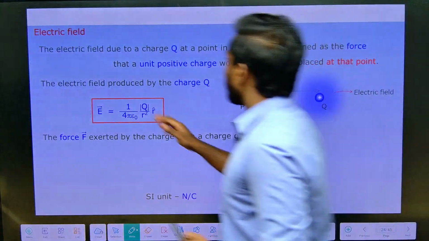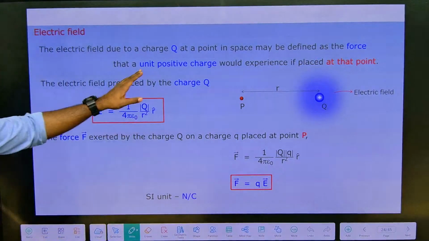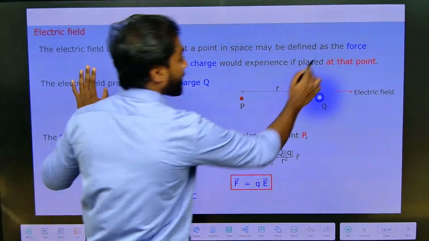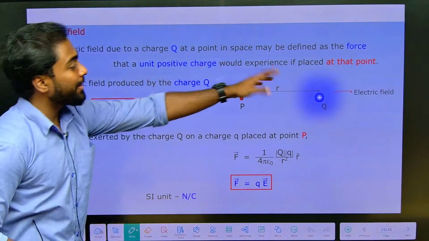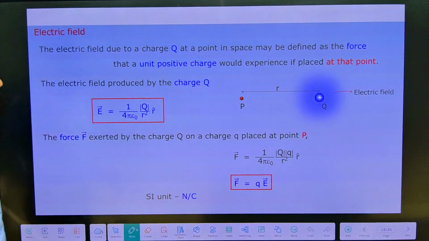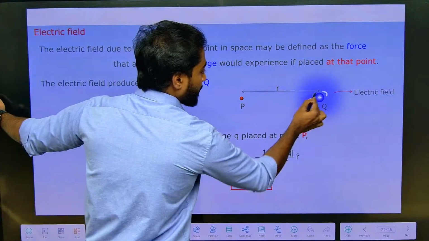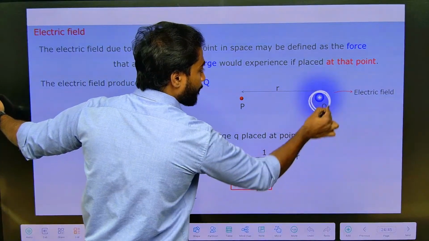Now you can see this. The electric field due to a charge Q at a point in space may be defined as the force that a unit positive charge would experience if placed at that point. Wherever the electric field is present, the charge will experience a force.